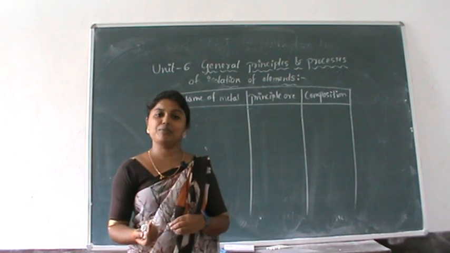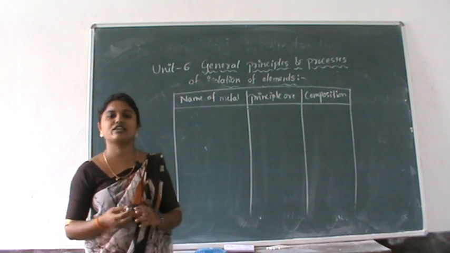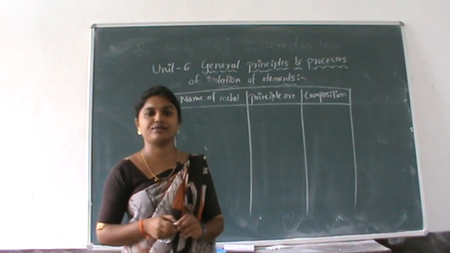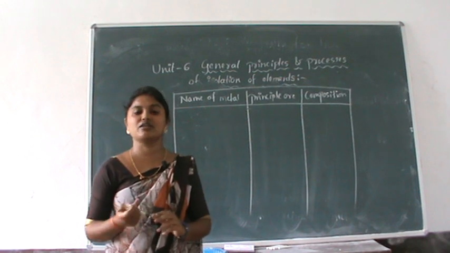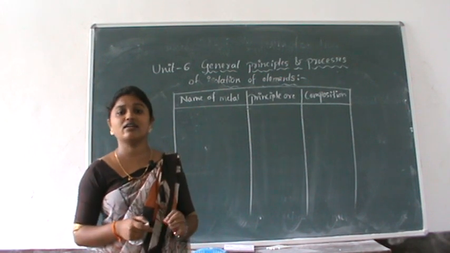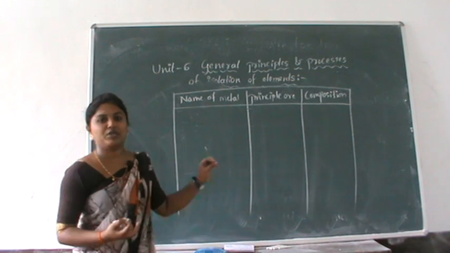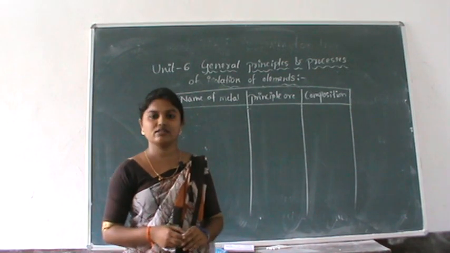Whether it may be in the free state or combined state also. Minerals may be in free state or in combined state. For free state, examples are gold, silver, platinum. They exist in the free state. And other metals like aluminum, iron, these all exist in the combined state.